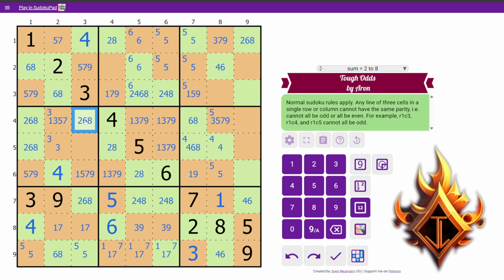So it will not be a 2. So the 2 will be over here. So this, and this are all the same digit, either a 6 or an 8. Looks like it could be either at the moment, but the 2 is here or here. Oh, this is not a 5, so the 5 is there.